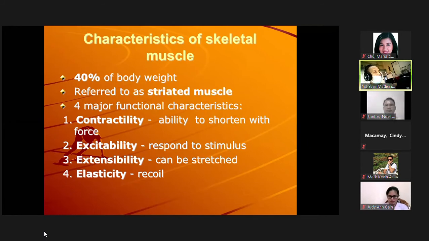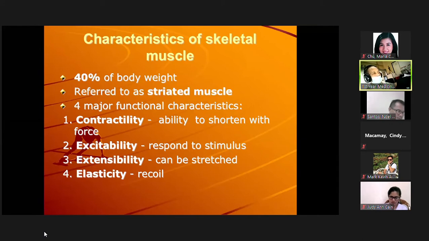So what do you mean by elasticity or the property to recoil?